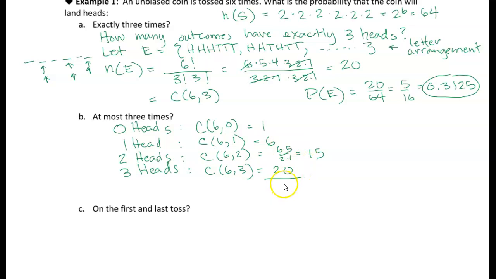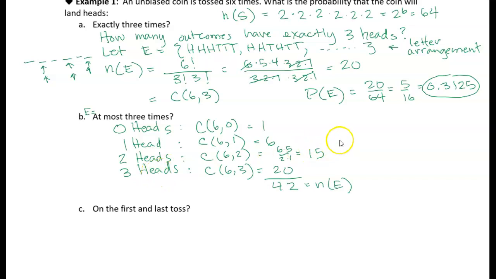And so all we really need to do is add. So what do we get? We get 1 and 6 is 7, and 15 is 22, and 20 more is 42. So it looks like I get 42 ways. And that's our number of elements in the event that we're interested in here. I'm using E again, but I'm defining it as a new event where we get at most 3 heads.